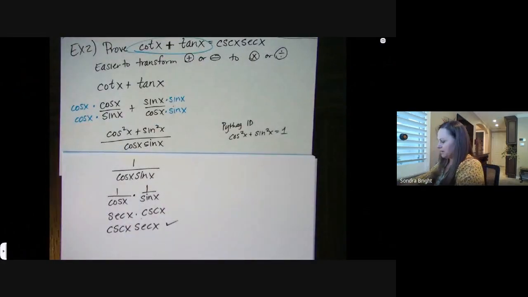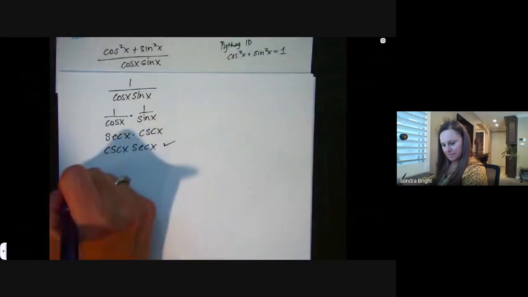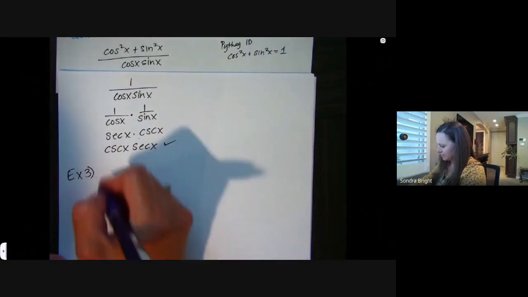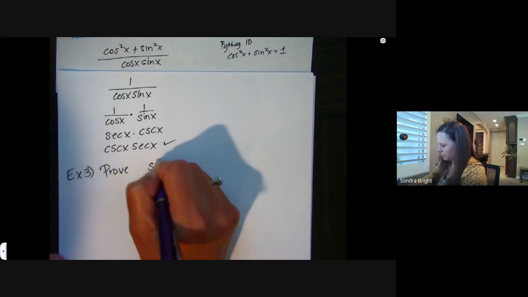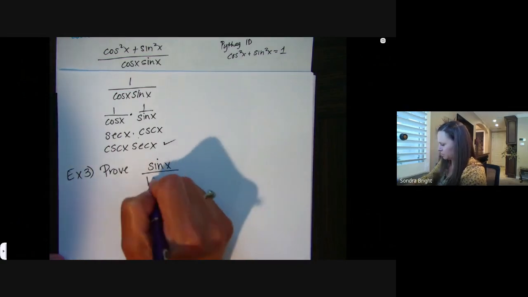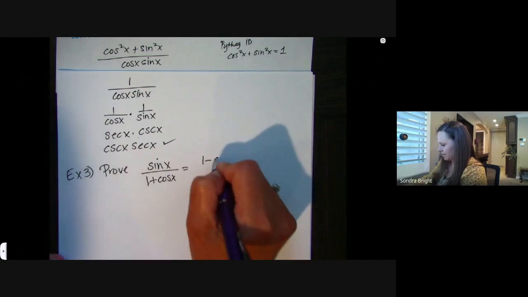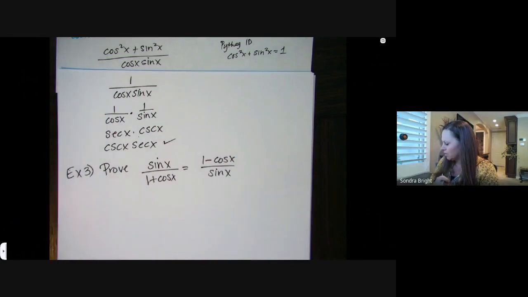Let's do another one. Okay. Let's see here. We're going to prove that sine of x over 1 plus cosine of x is equal to 1 minus cosine of x over sine of x. Okay. So they both look just as complicated, right? Neither one looks more complicated than the other.